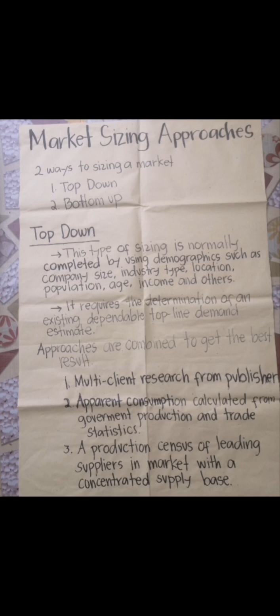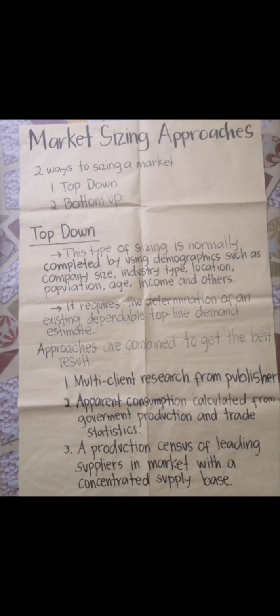Top down is a type of sizing normally completed by using demographics such as company size, industry type, location, population, age, income, and others. It also requires the determination of an existing dependable top-line demand estimate.